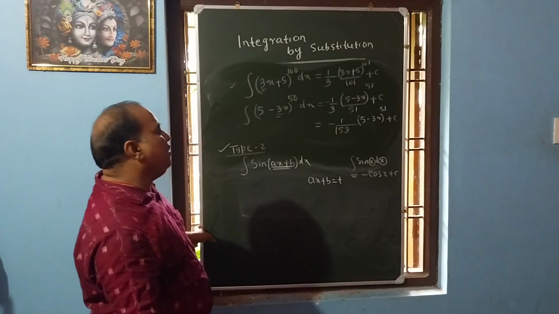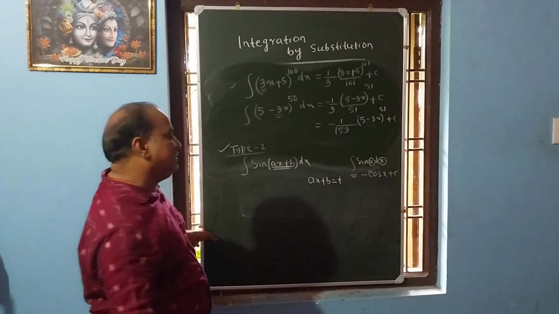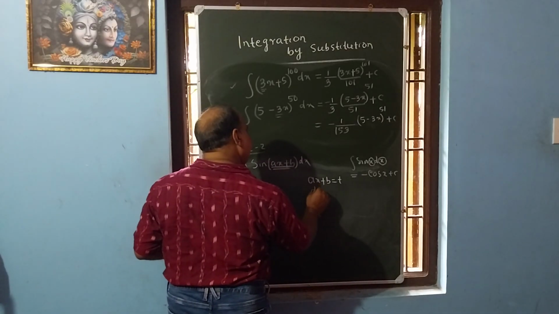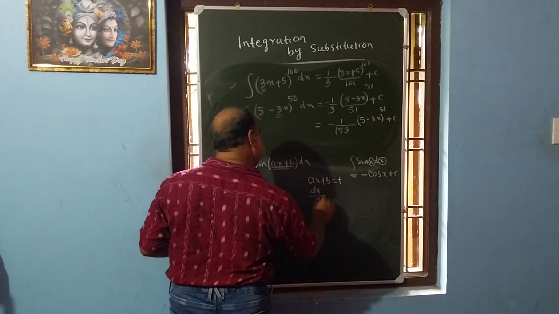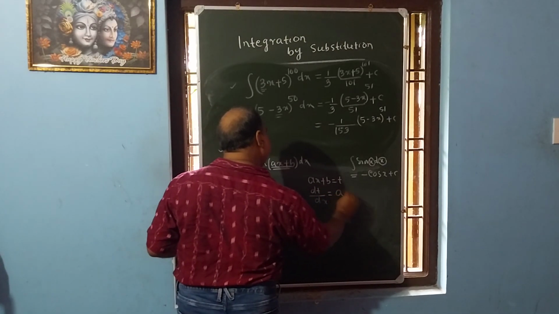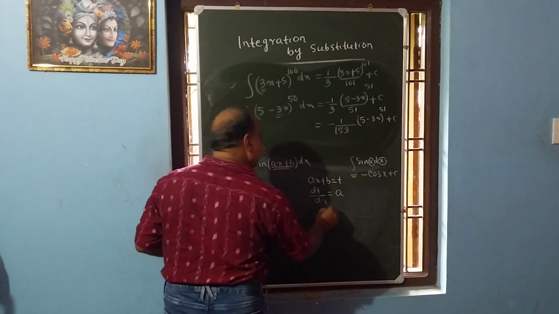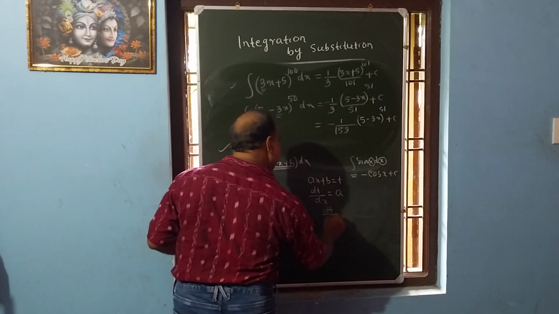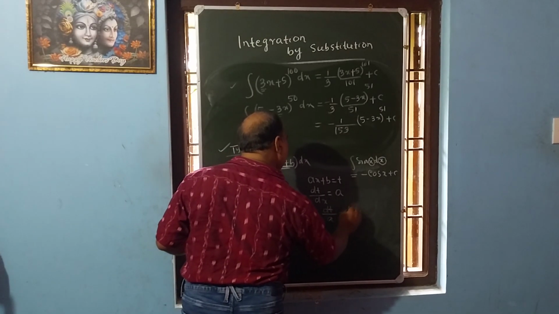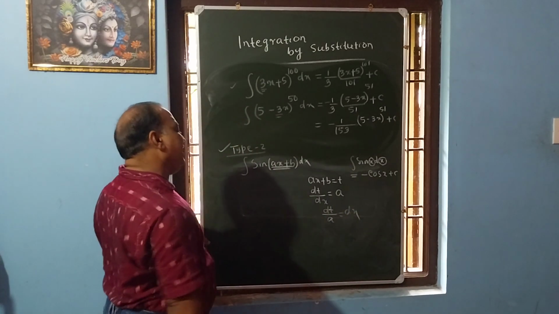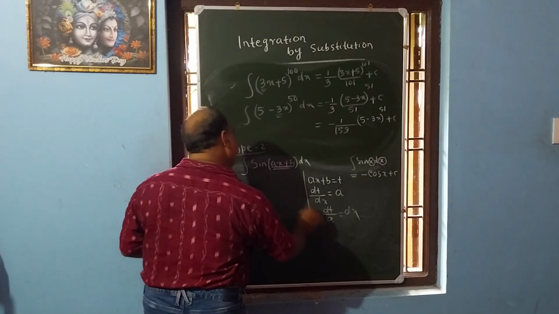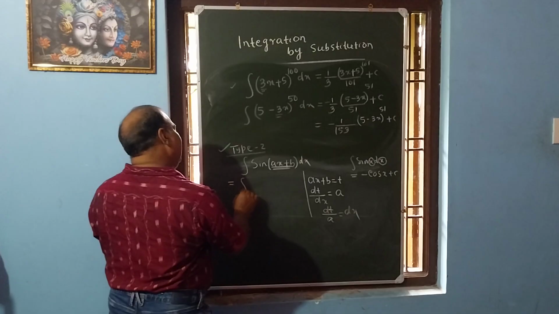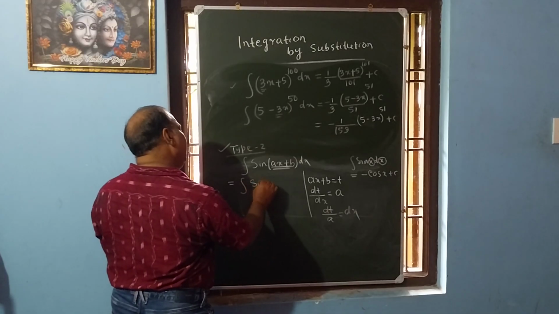Then differentiating on both sides with respect to x, dt by dx is equal to a. So dt by a is equal to dx. Then we get the integration of sin t.